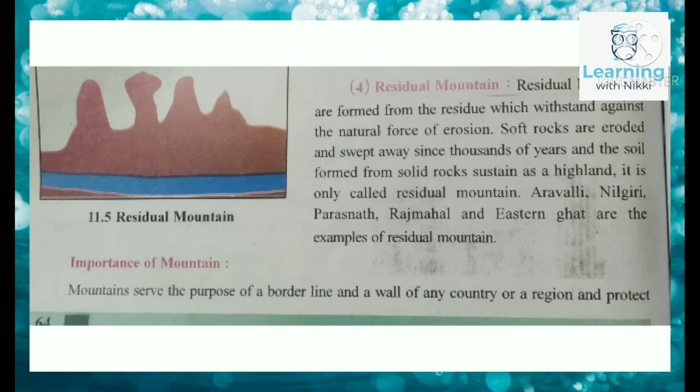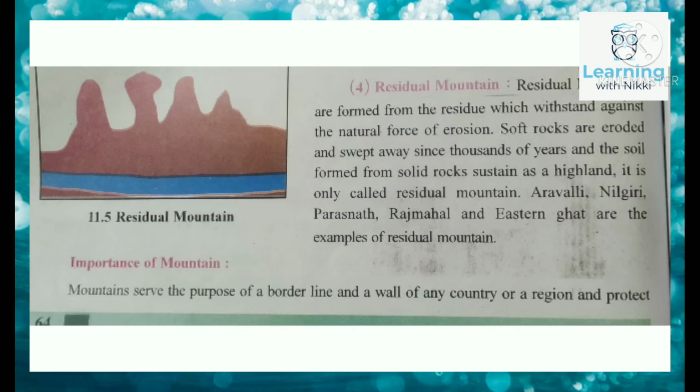The soft rocks will melt away but the solid rocks will create a highland. So that is called residual mountain. For example, Aravalli, Nilgiri, Parasnath, Rajmahal and Eastern Ghats are examples of residual mountains. In short, you have to remember that soft rocks melt and become soil but solid rocks will create the form of a mountain. So they are called residual mountains.